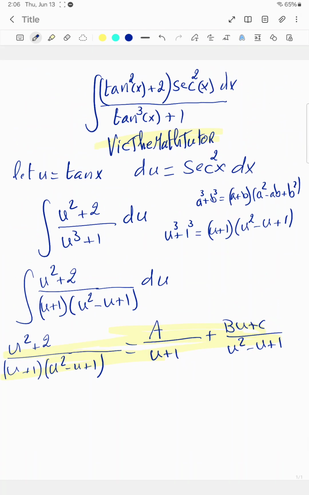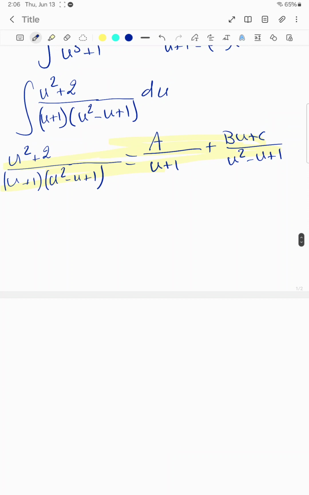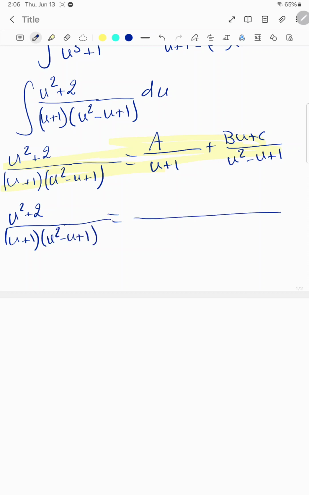Okay, so let's solve that equality. Let's do a common denominator on the right-hand side of my equality. So u square plus 2 divided by u plus 1 times u square minus u plus 1. The common denominator on the right-hand side becomes u plus 1 multiplied by u square minus u plus 1.